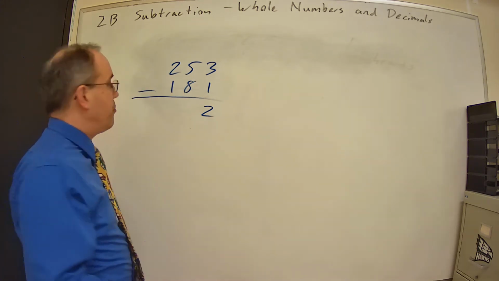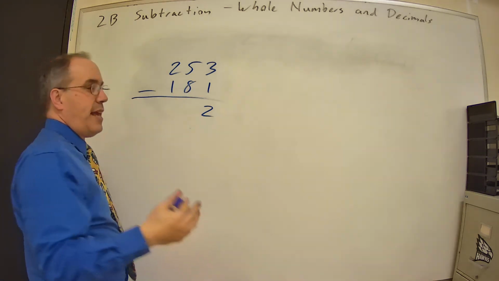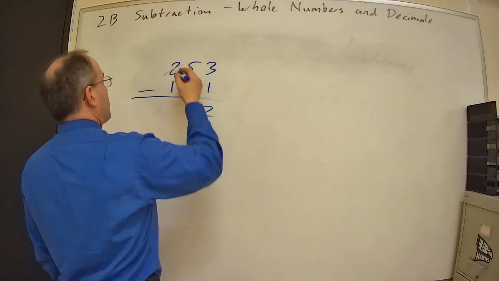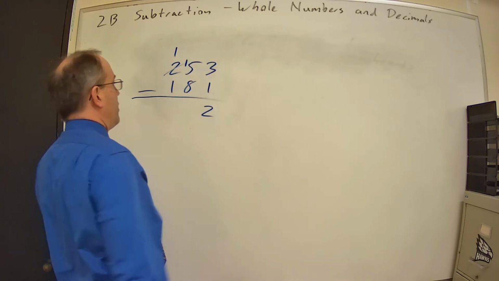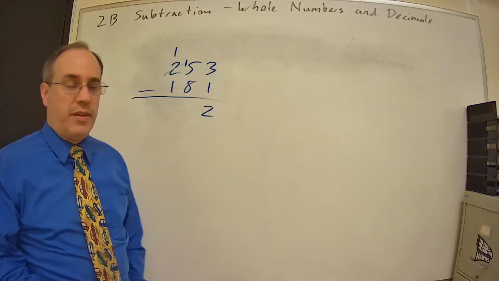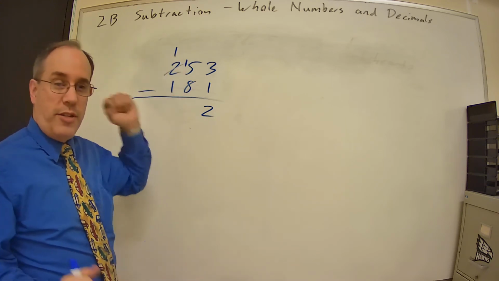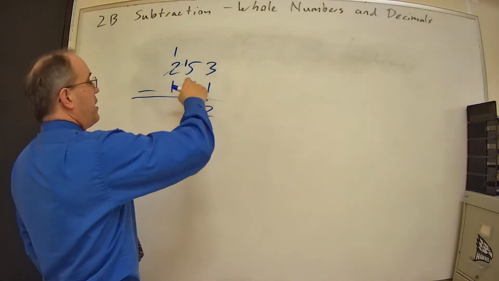And what we're going to do to borrow is we're going to say, well, 2, if I take 1 away from that, I can turn that into a 1, and I can put that 1 in front of my 5. 1 plus 1 is 2, so that's my 2 that was there. So now I have 15 minus 8.